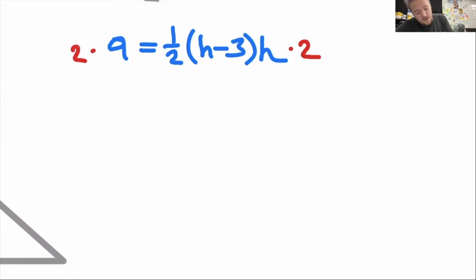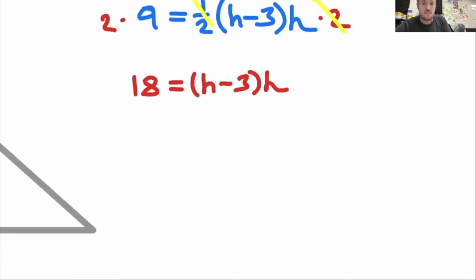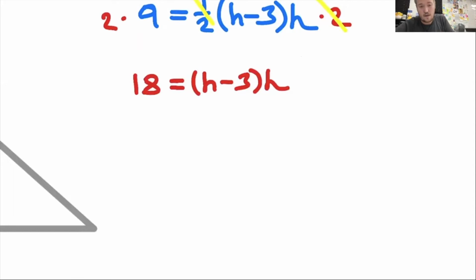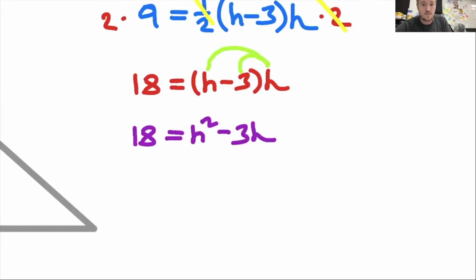So 2 times 9 gives you 18. And on the right side, the 1/2 and the 2 simplify, so those are gone. Then we're going to have h minus 3 times h. Next, I want to distribute the h to everything inside the parentheses. That gives us 18 equals h squared minus 3h.